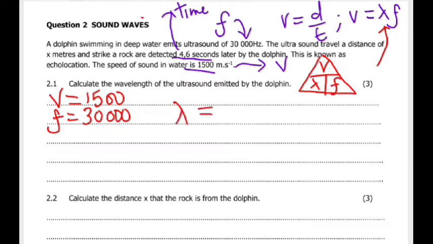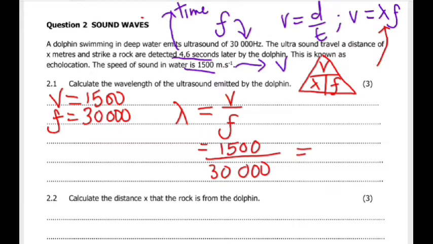So the wavelength is the speed over the frequency, which is 1,500 all over 30,000. This gives me 5 times 10 to the minus 3. Wavelength is measured in meters. So I've got my wavelength there.